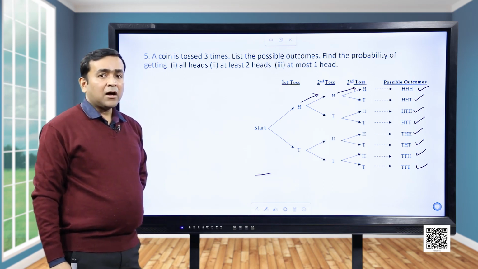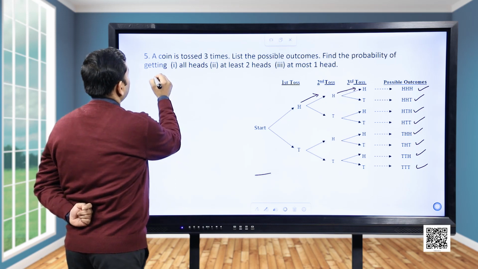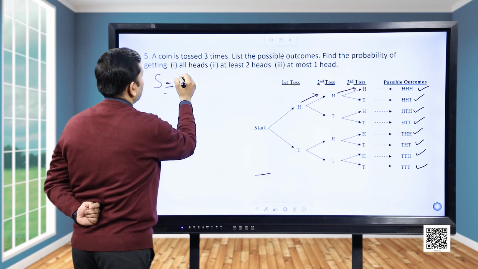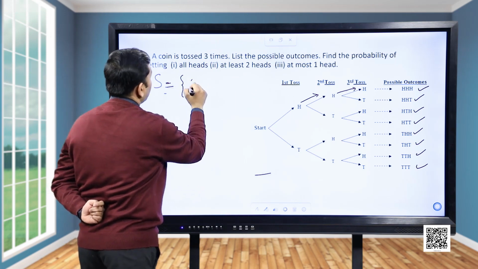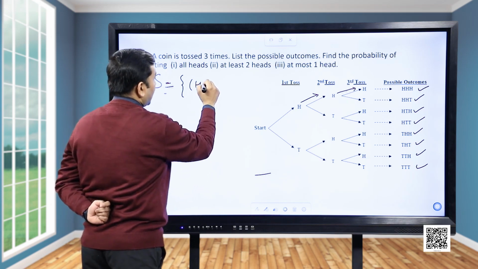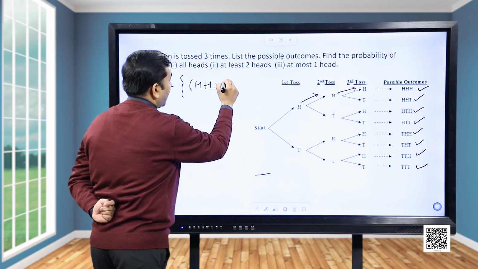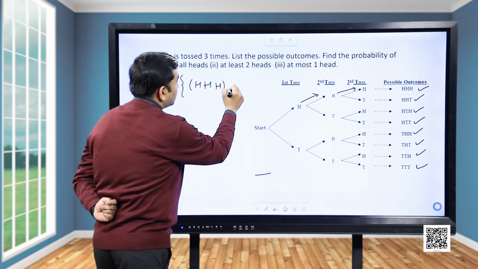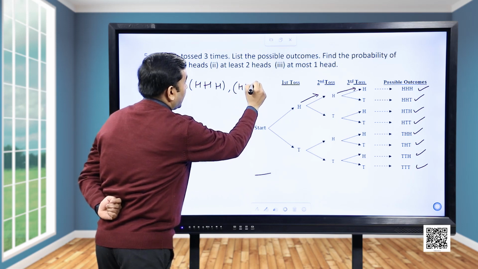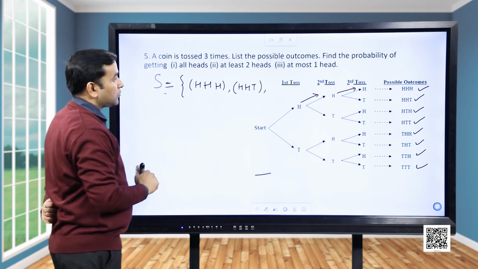Let us write our sample space. On the first toss, if we get head, second toss we again get head, then third toss we again get head. Similarly, we can get head, head, tail. All these are possible outcomes.